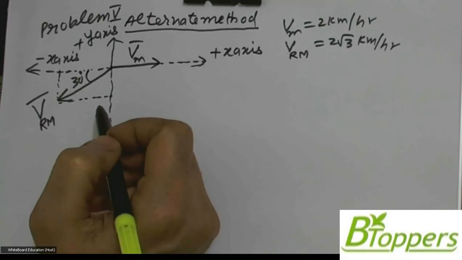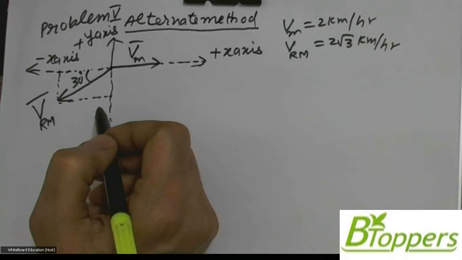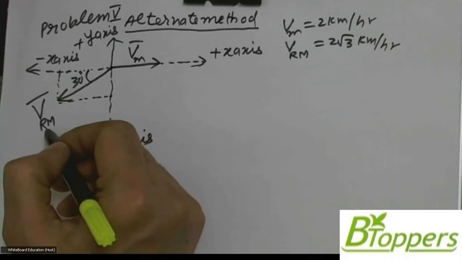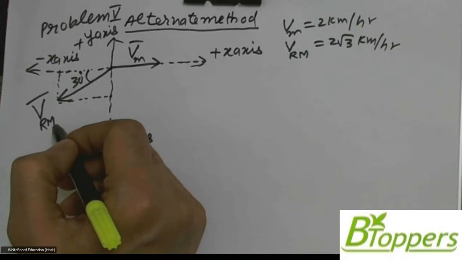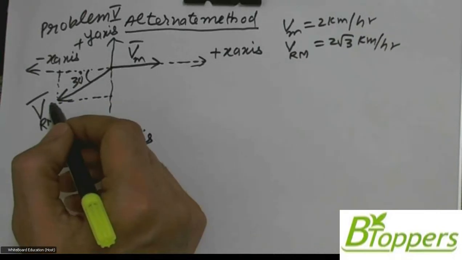You can construct a rectangle with adjacent sides along the horizontal and vertical directions such that V bar subscript Rm acts along the diagonal of the rectangle.